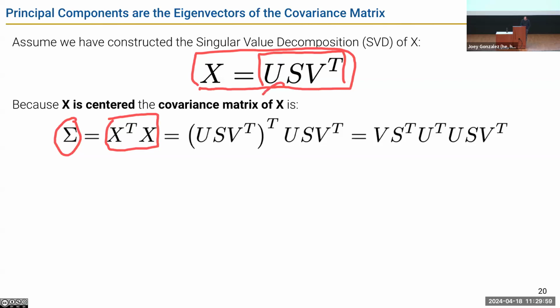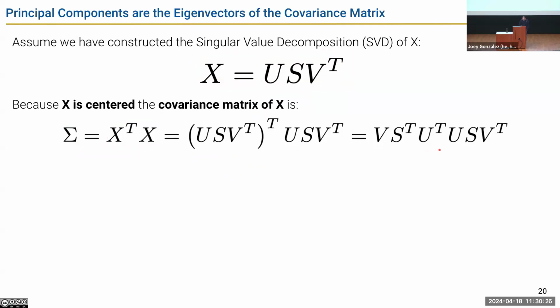If I just plug this in here and here, this is X transpose times X. And the transpose of things in parentheses, how do I deal with that? I reverse the ordering, so I read it backwards, and I take the transpose of each thing. So this is V transpose transpose, that's just V, S transpose, and U transpose. And that's what I got here.